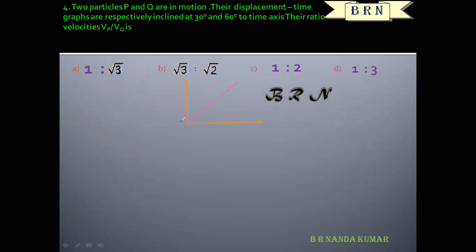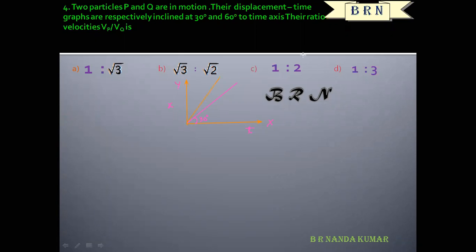Okay, so particle P is inclined at angle 30 degree with the time axis. So this is the time axis, and this is displacement. Displacement is taken along the y-axis, time along the x-axis. And another particle is inclined at angle 60 degree.